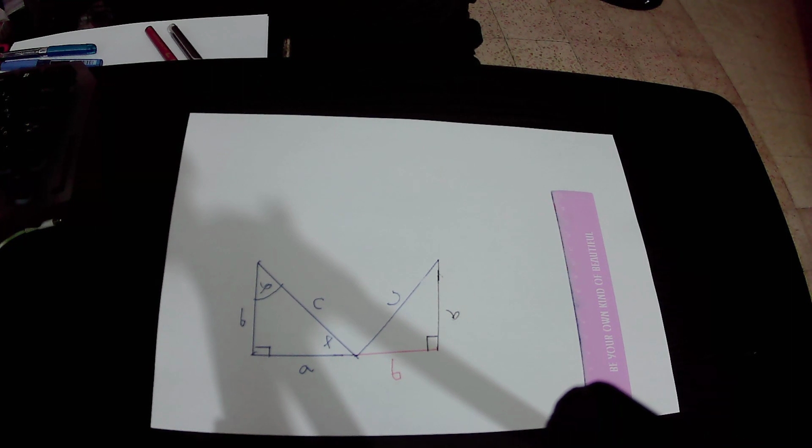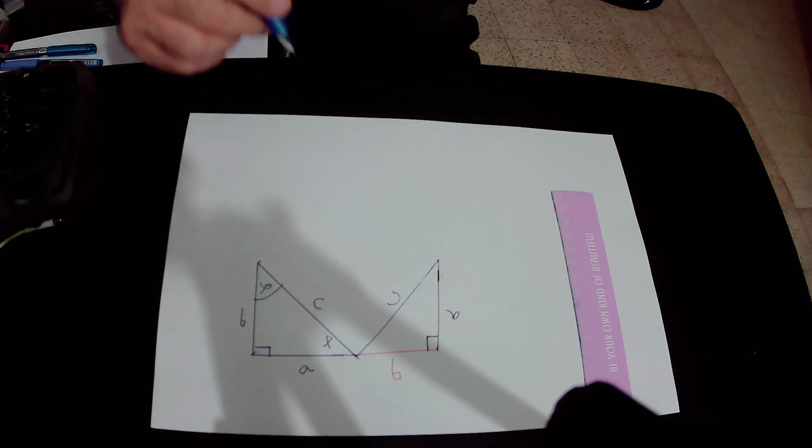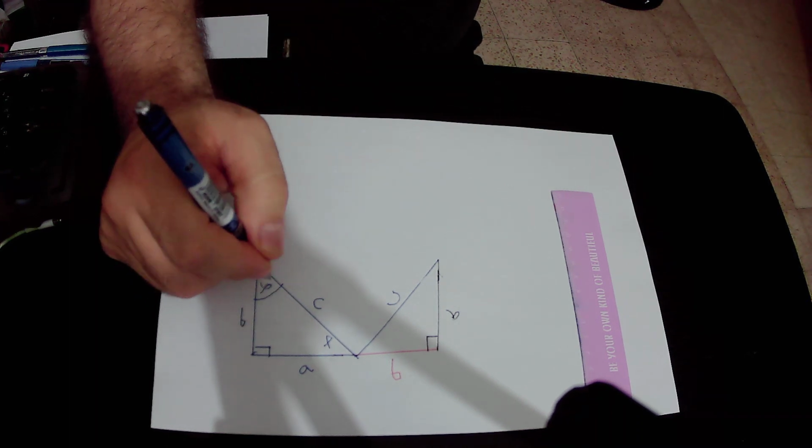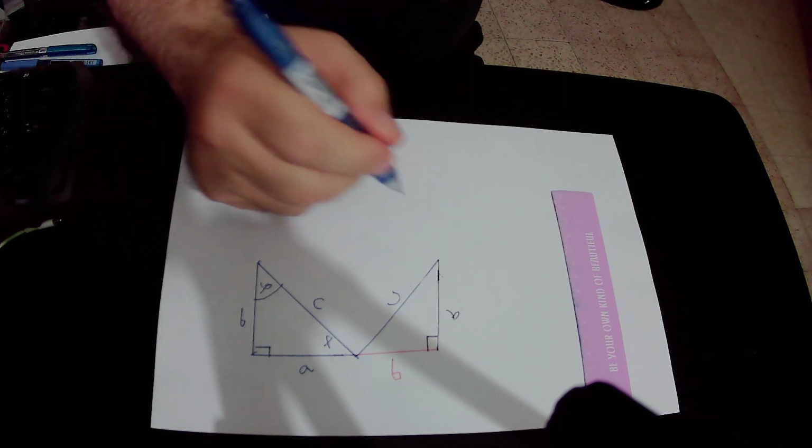Therefore, we can say that x plus 90 degrees plus alpha equals 180 degrees.